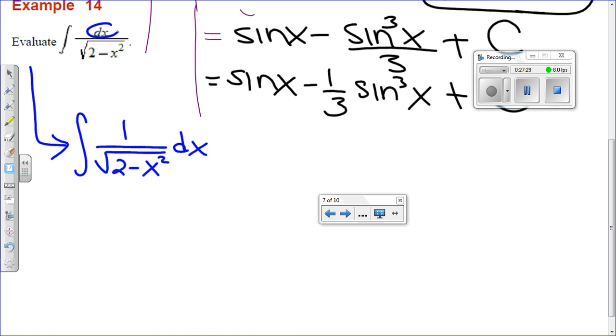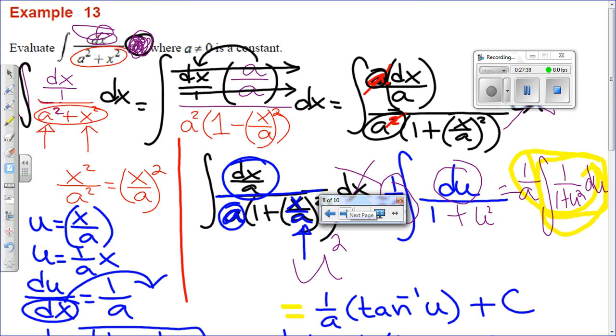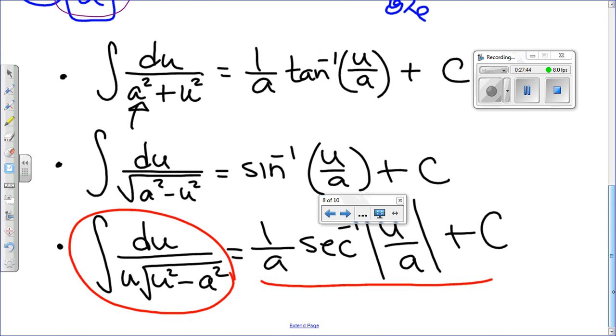So I just wrote the dx over here on this side. Okay. Now we start with our substitutions. So if we follow the same guidelines that I gave you on this other slide, that problem in 14 kind of looks like this one here.